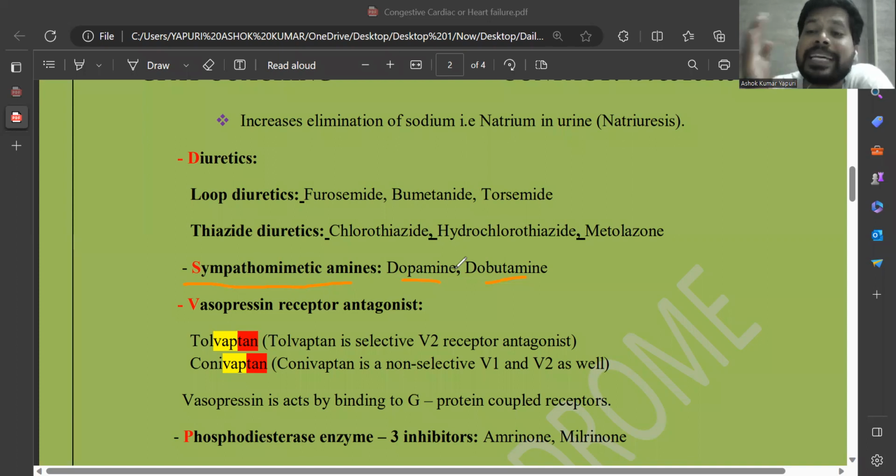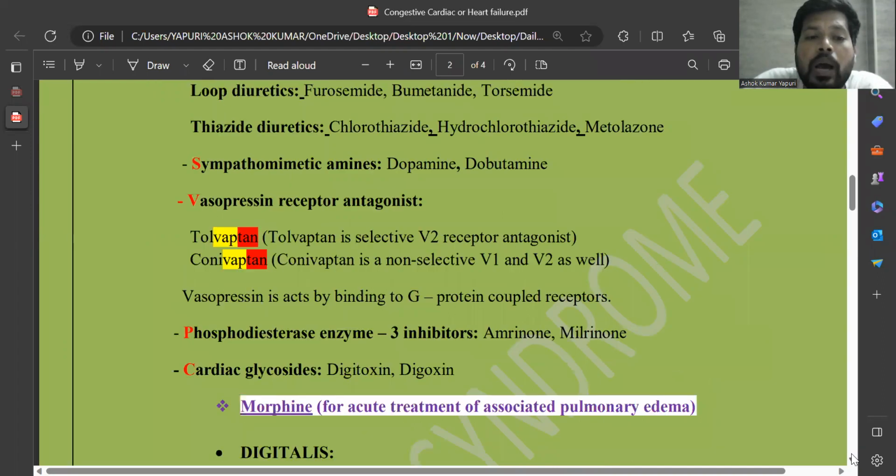If GFR increases, the excess fluid from the body is eliminated through the kidney. So dopamine agonists, nothing but sympathomimetic amines, increase kidney function. If kidney function increases, there is excess elimination of fluids from the body, and that decreases fluid accumulation in the heart and decreases congestive heart failure.